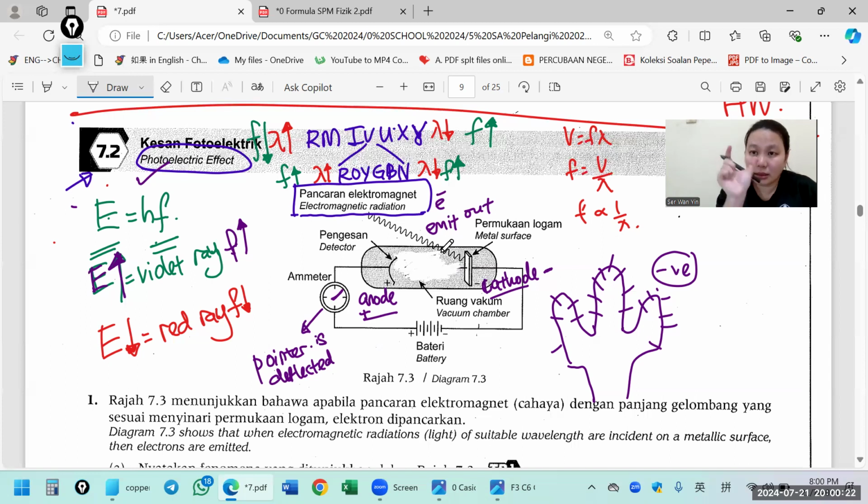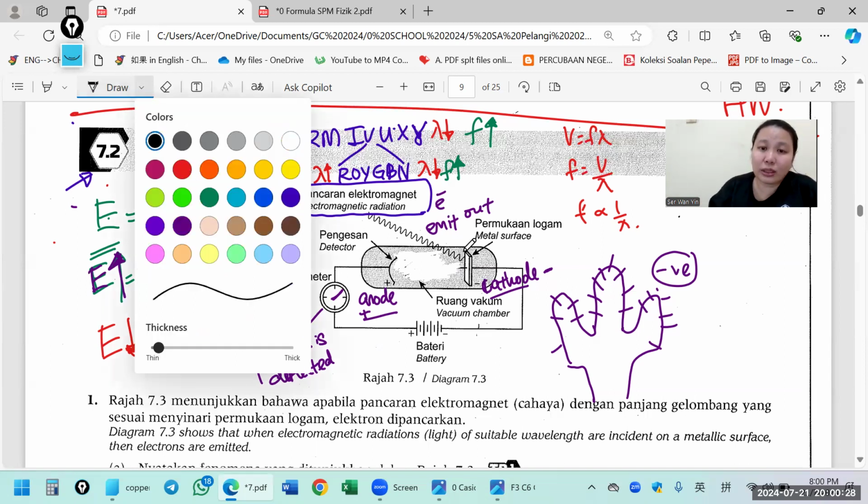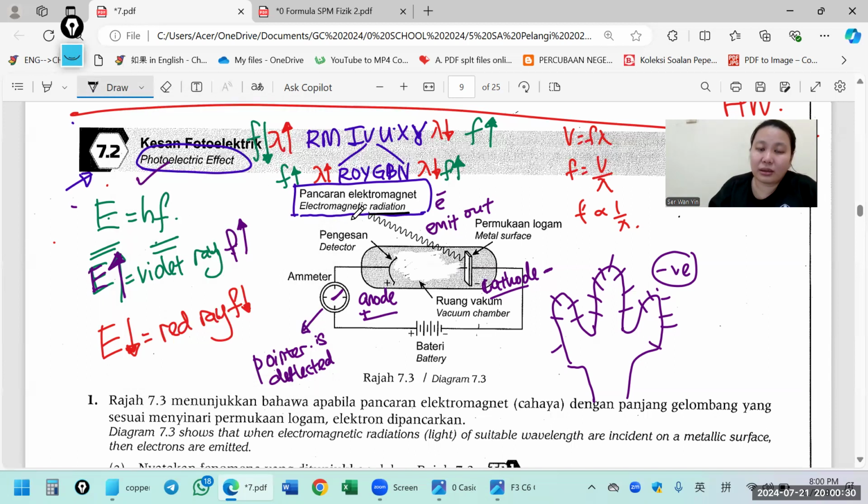So this is not a complete circuit. But once the electron is released by the electromagnetic radiation, let's say a light, the electron will come across and complete the circuit. Then you will see the ammeter pointer deflected.